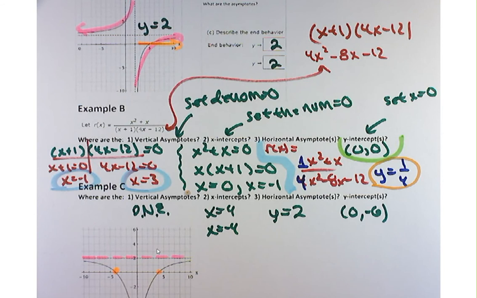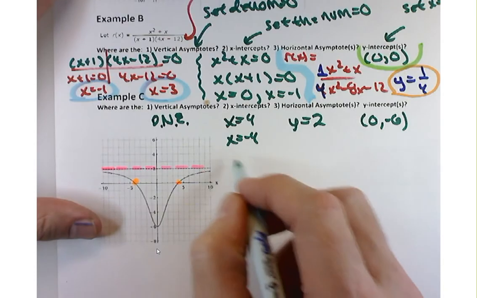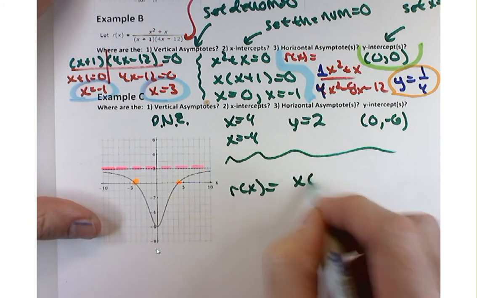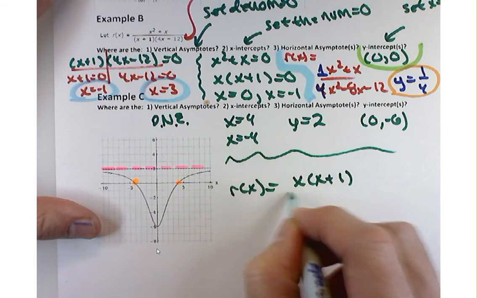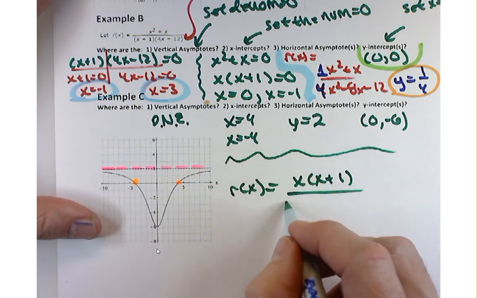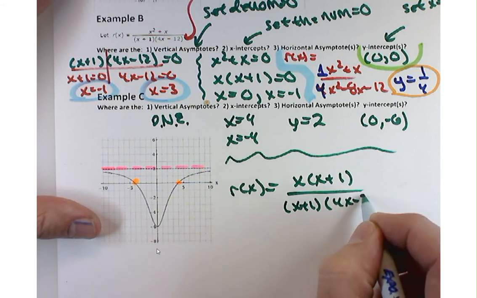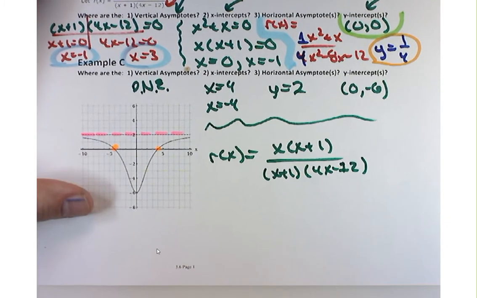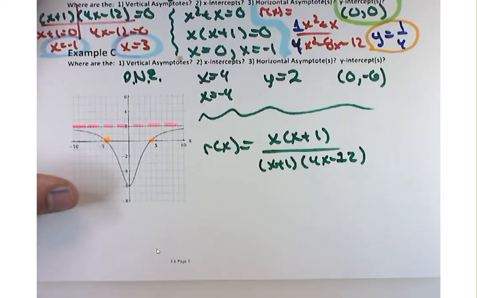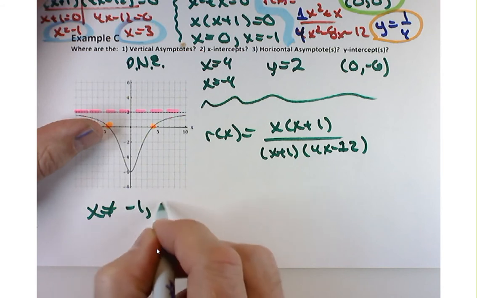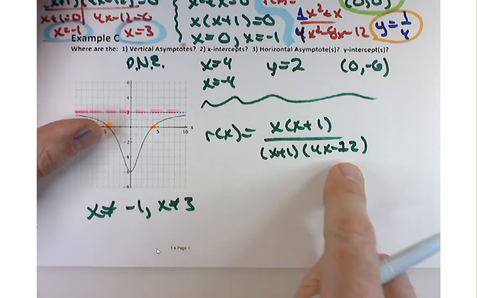So let's take a look at r of x equals x times x plus 1 over the denominator of x plus 1 times 4x minus 12. Now, as far as the domain of this graph is concerned, x can't equal -1 and x can't equal +3, because that would put a 0 in the denominator.